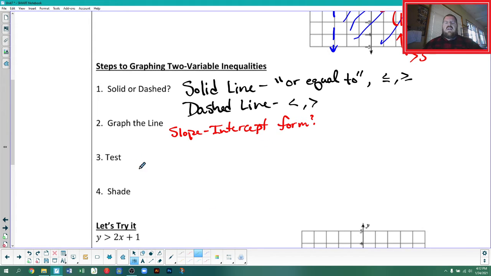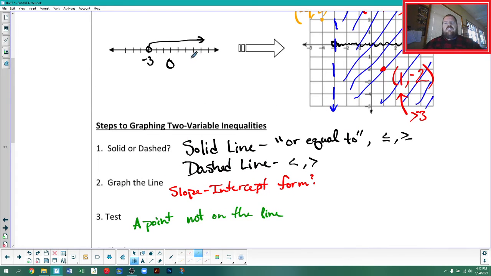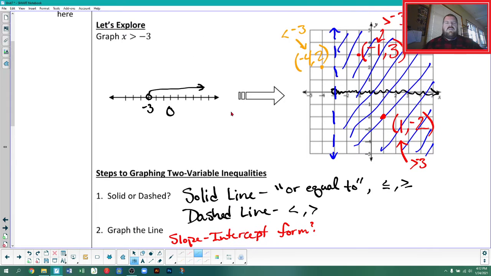Step 3 is test, and we want to test a point not on the line. Remember, we did this a little bit in class when graphing these. I would say, what happens if we choose 0? Let's go ahead and test 0. Is 0 greater than -3? Yes, it is. That works out.